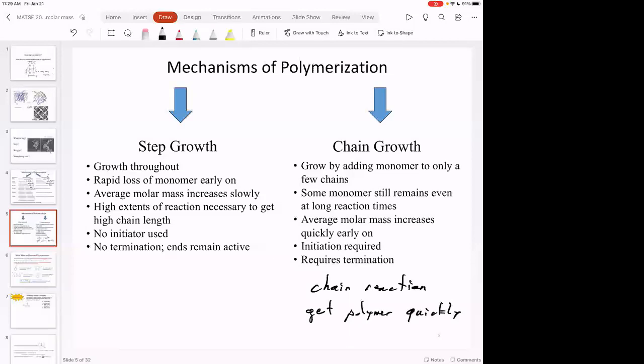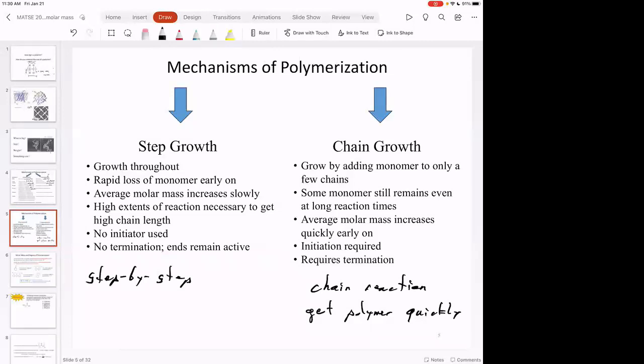So in order to make a polymer, you start with a big jar of monomers, and then you start the polymerization, or you initiate the polymerization either through an initiator or through heat. We'll talk about that. But as soon as you start the polymer in a chain or addition polymerization, remember there's 2 names for it, boom, you get polymer very quickly. In a step growth polymerization, this proceeds step by step.